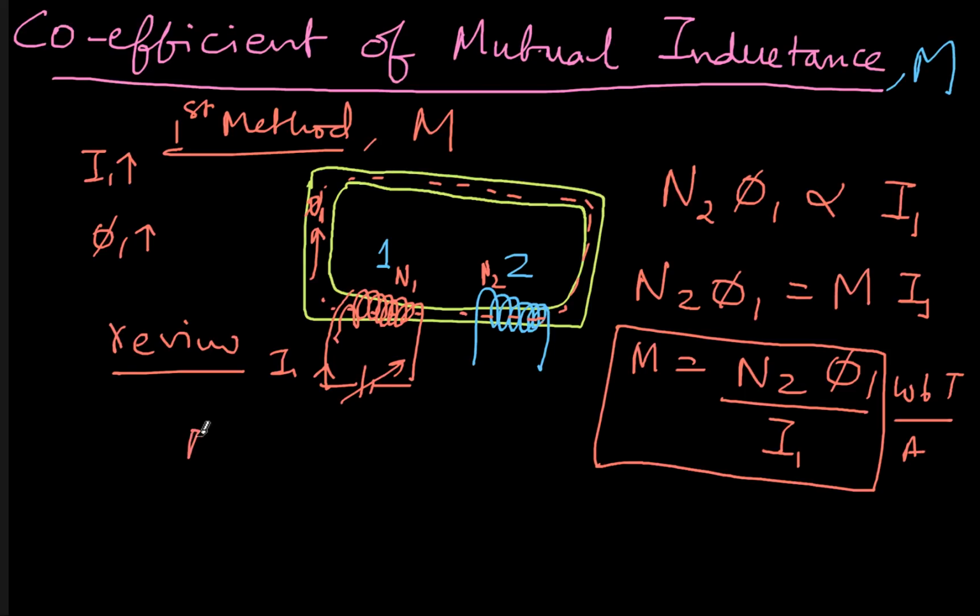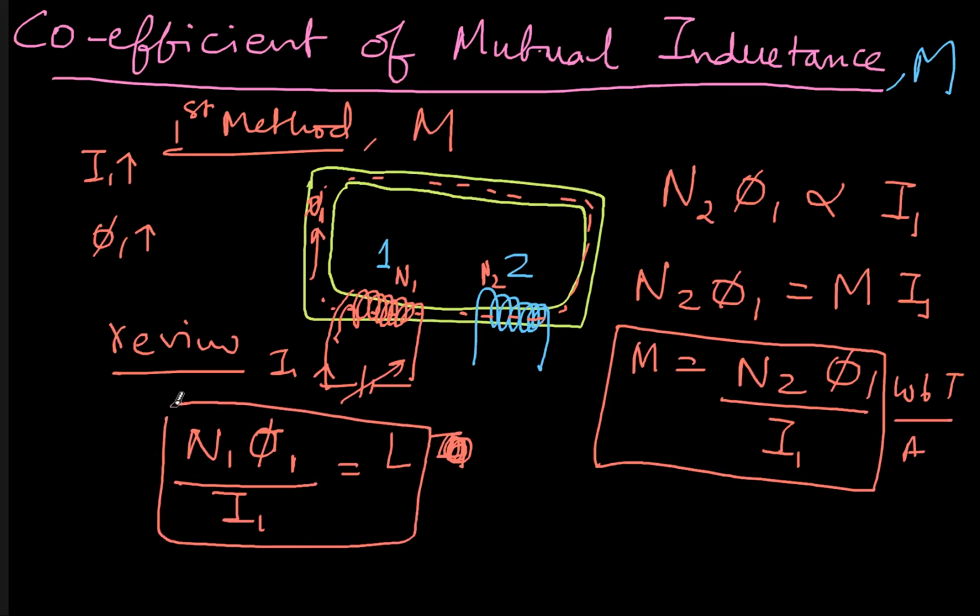So N1 into phi 1 is the flux linkages of the first coil. This will be proportional to L into I1. So L is nothing but N1 phi 1 by I1, or more famously, L is nothing but N phi by I. This is what we learned in the case of self-inductance.